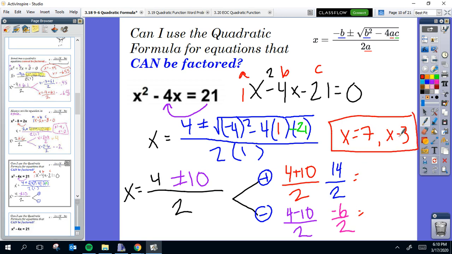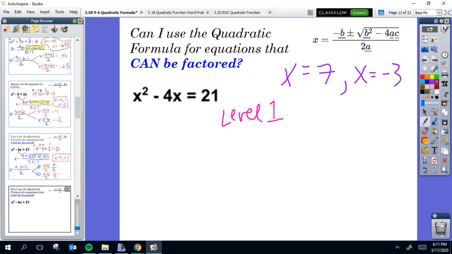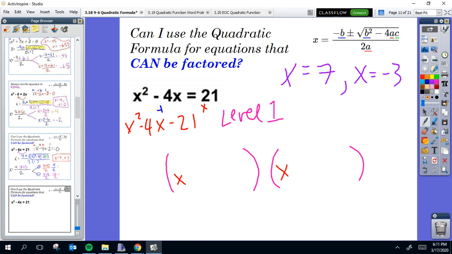All right, so we have 7 and negative 3. Let's double check by factoring. So one more time, we have x is equal to 7, x is equal to negative 3. If you guys remember, this is a level 1 problem, so I just need two binomials. I can stick an x in both of the sets of parentheses, and I need to figure out what multiplies to equal, remember we rewrote this, negative 21, but adds to equal 4.